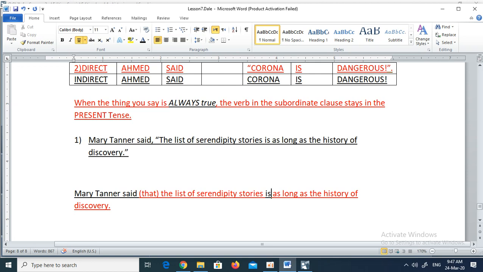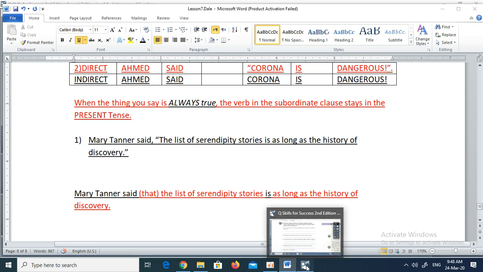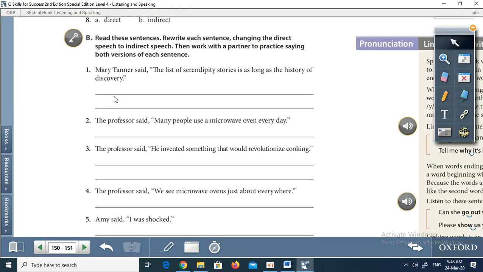That list yesterday, today, and tomorrow is still going to be as long as the history of discovery. So the second verb will stay in the present tense, even if the main verb said is in the past tense.